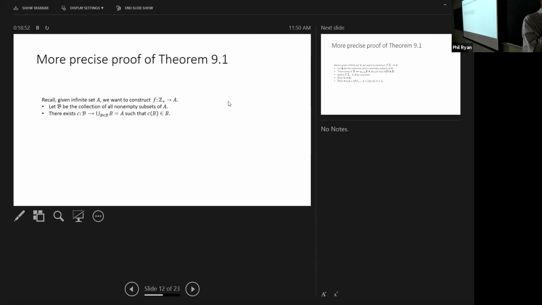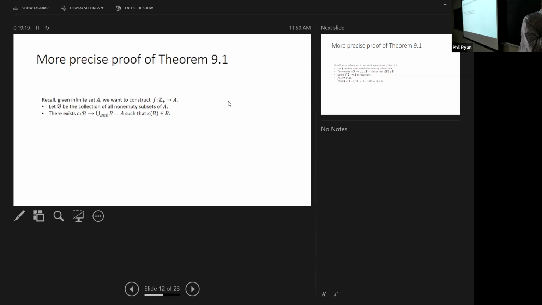And so we have a choice function that goes from this collection to the union of the elements of the collection. But of course, these are the subsets of A, so the union of all the possible subsets of A is just A itself. So we get a choice function from the collection of non-empty subsets of A to A.